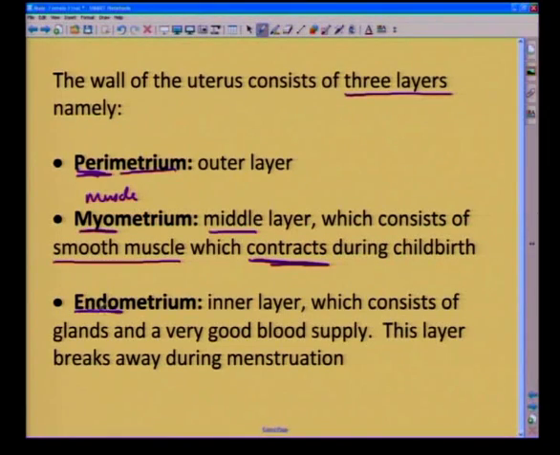The endo means inside, it's the inner layer. The endometrium consists of a lot of glands, and it has a very good blood supply. This layer breaks away during menstruation, because from the last day of menstruation, the lining starts to build, and we'll do this when we do hormonal control in females. It prepares in case an egg cell is fertilized.